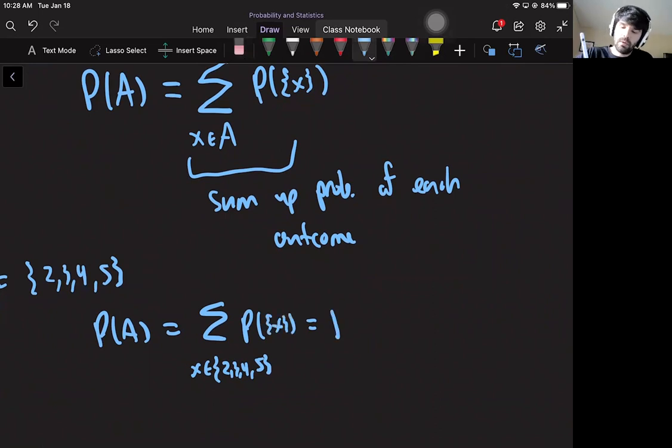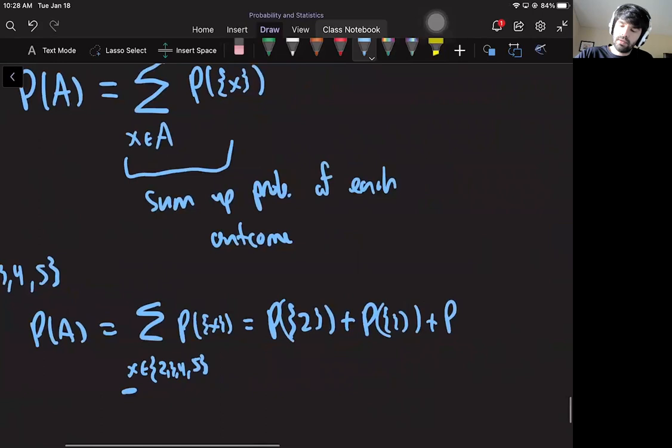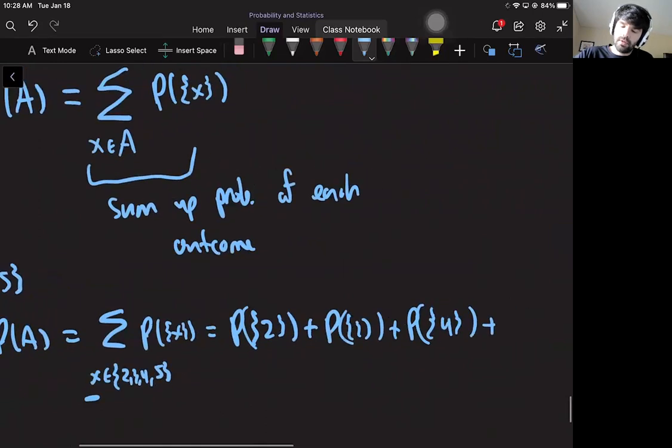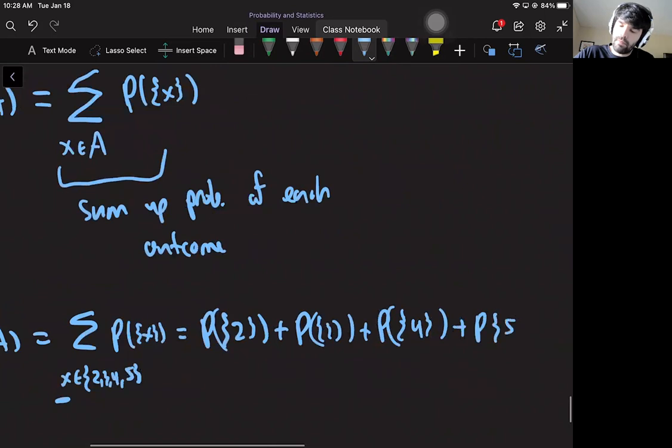So this is saying, okay, X can be 2, 3, 4, and 5. So first I'll put in 2, then I add because it's a summation. Then I'll put in 3, because that's the next thing in the set. Then I'll add, and then I'll put the next thing in the set. So it's 4. And then I'll add, and I'll put the last thing in the set, which is the 5.